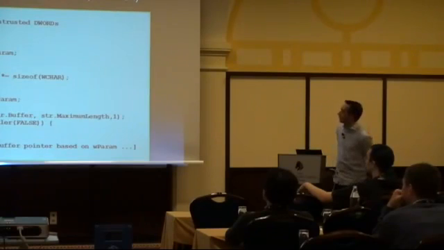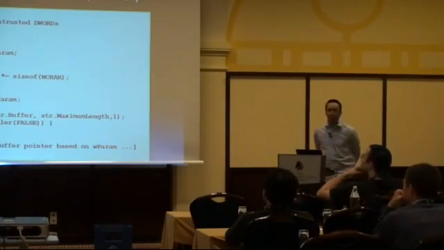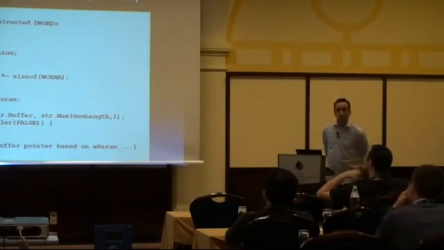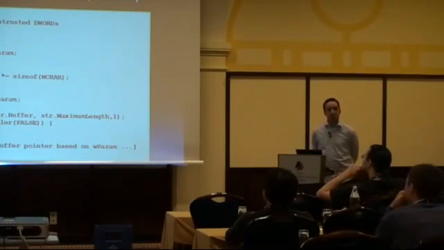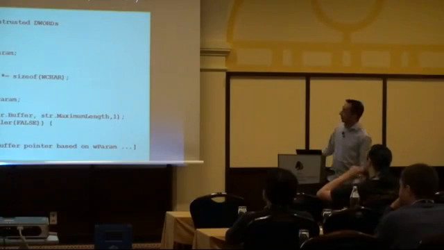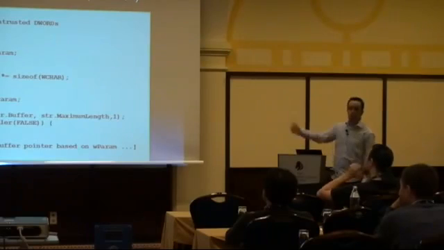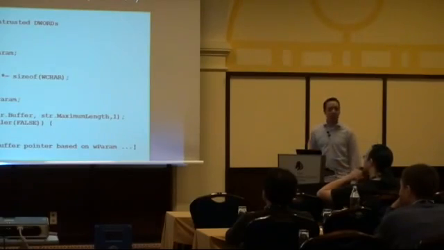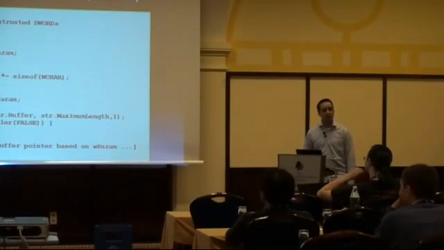What about here? Let's consider that WParam and LParam are user controlled. When I say user mode controlled, it's attacker controlled, right? So here, for example, String.MaximumLength gets assigned to WParam, and then it gets multiplied by 2. What's going on here? What about if I put 0x80000000 in WParam?